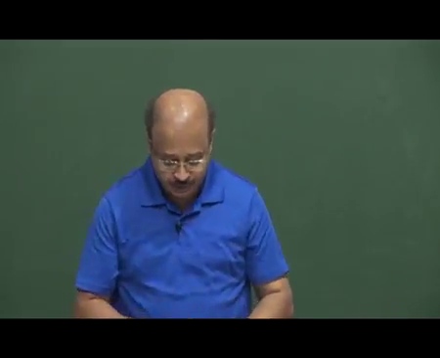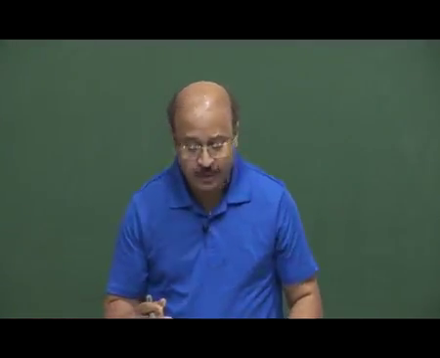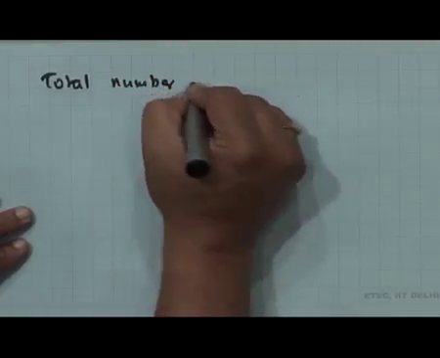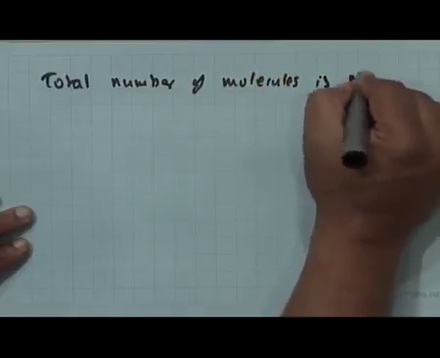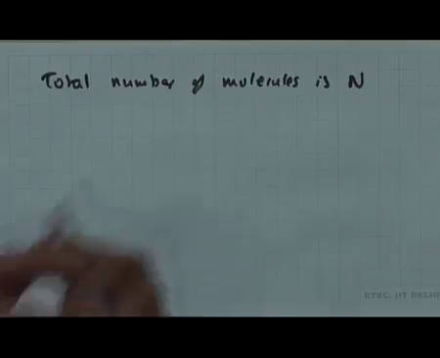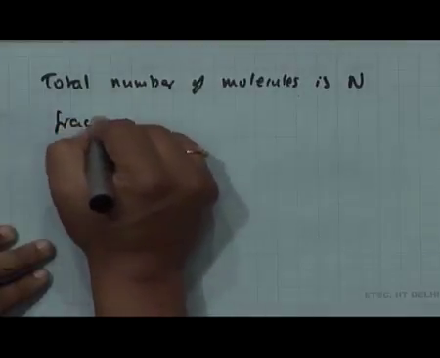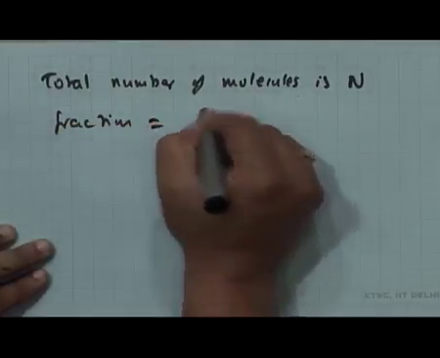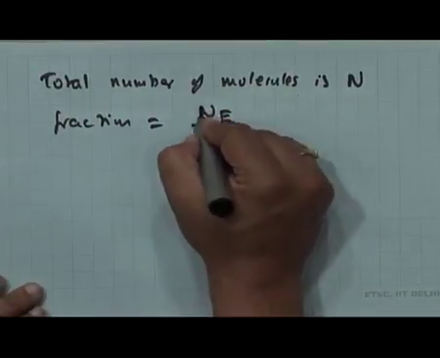What about this fraction? So, the fraction is this. Suppose the total number of molecules is n in the system. If the total number of molecules is n, then you have a certain fraction. What is that fraction? The fraction is Ne by n.